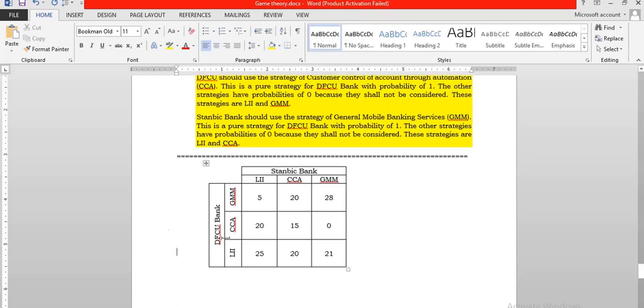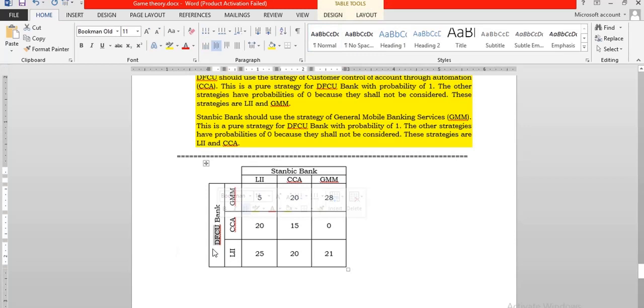So as you can see here, this is our new matrix, but of course I've changed the names. This becomes Stanbic, because that's the way we're supposed to place it. Stanbic is the winning team.